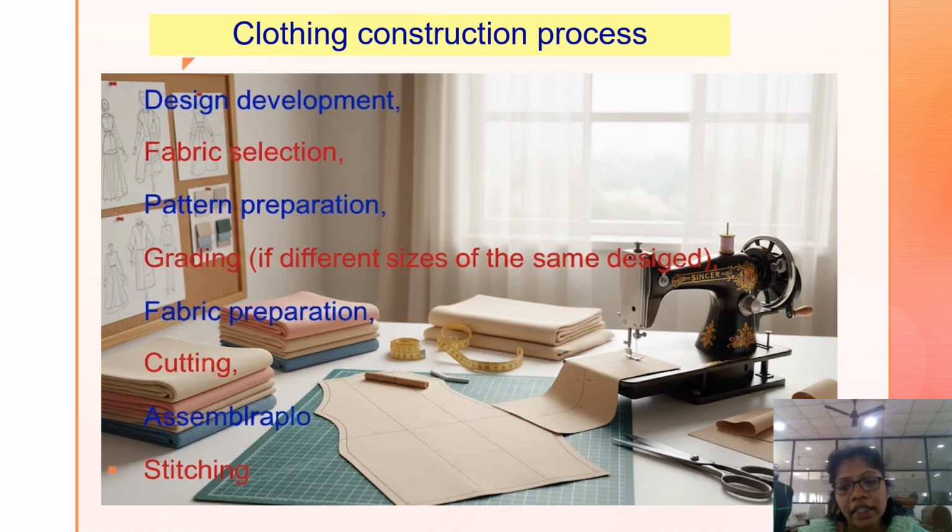Suppose we are making a shirt: we cut the collar, cuffs and sleeves separately, and we need to assemble them together. After that, stitching is the final stage of clothing construction, in which all the garment parts are stitched together permanently with the help of the sewing machine.